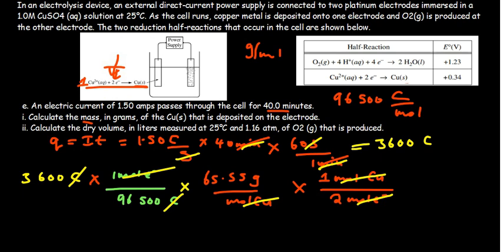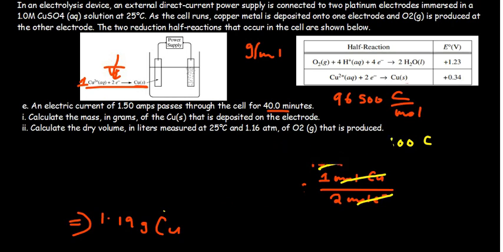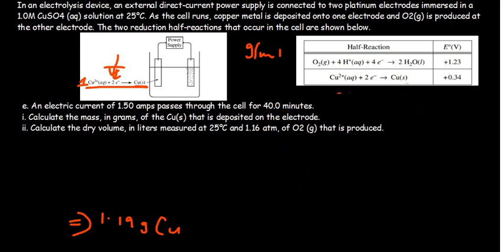If we multiply what is on top, 3600 by 63.55, divided by 96,500 on the bottom, and also 2, we get a value of 1.19 grams of copper. So that's how simple electroplating calculations are. Now, let's apply a bit of stoichiometry to answer the last question. Let's take note of the mass that has been determined.